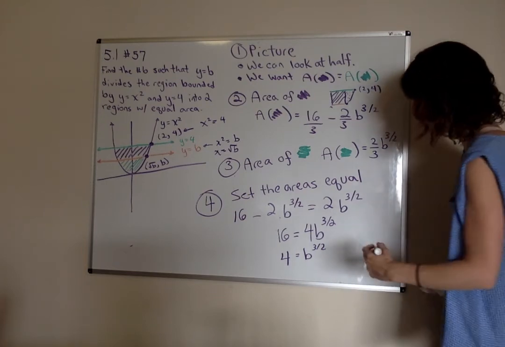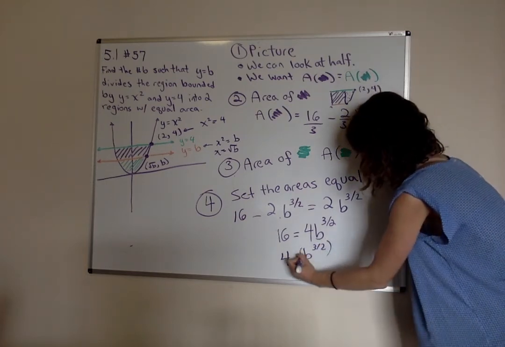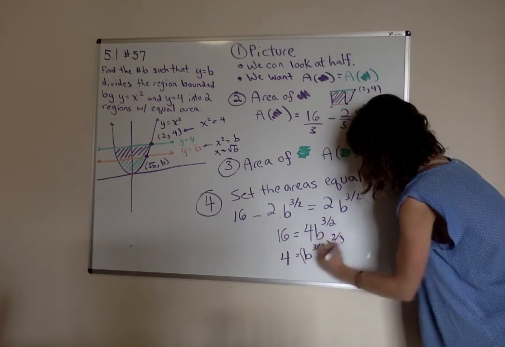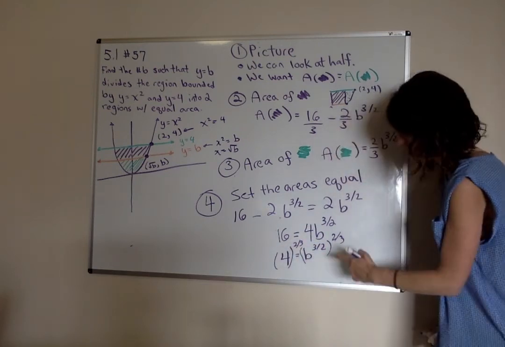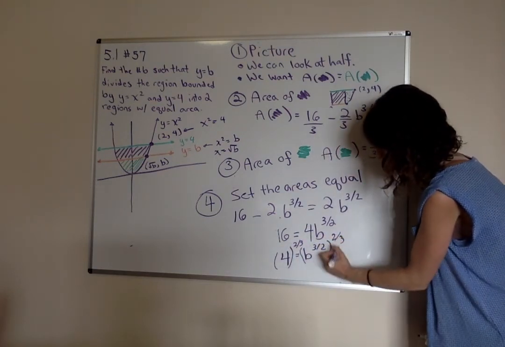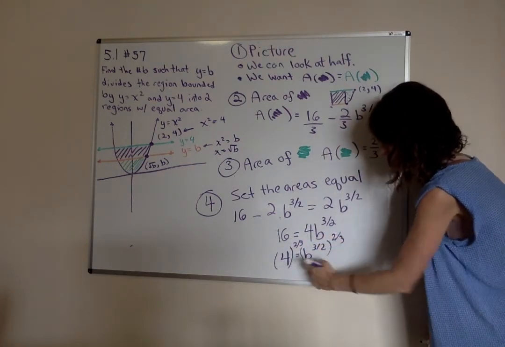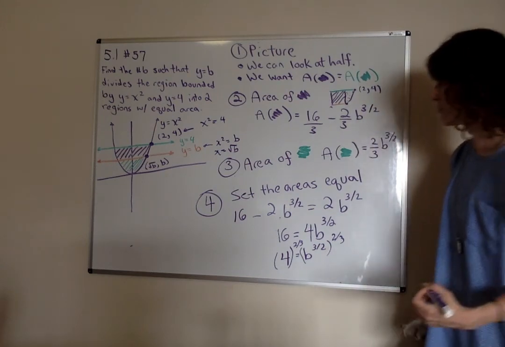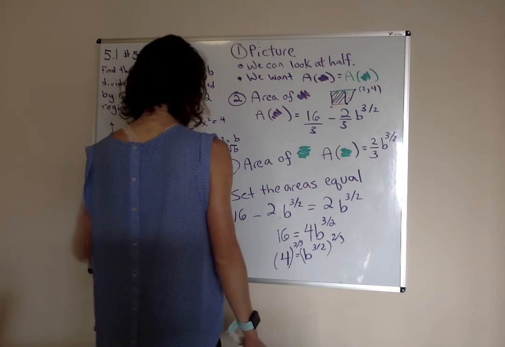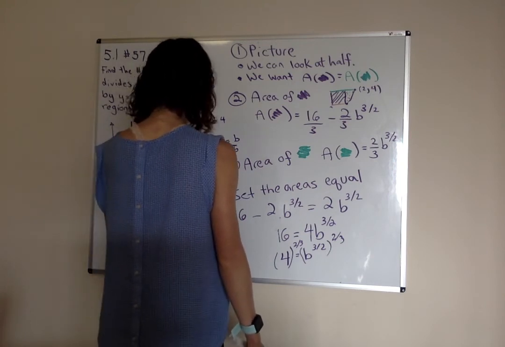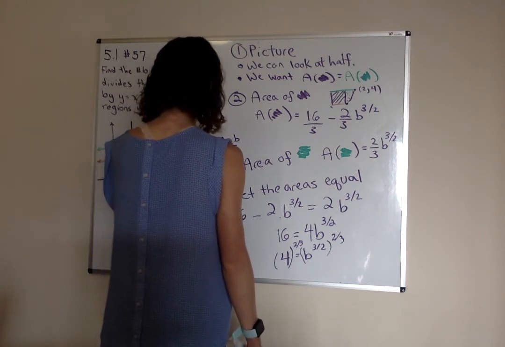So I'm going to raise both sides to the 2/3. That's going to cancel these powers on the b and give me my result. So my final result is that b equals 4 to the 2/3.